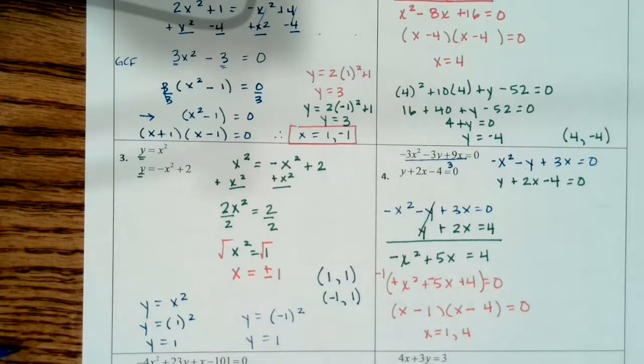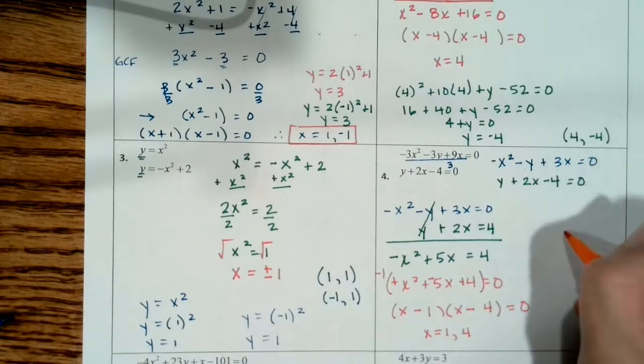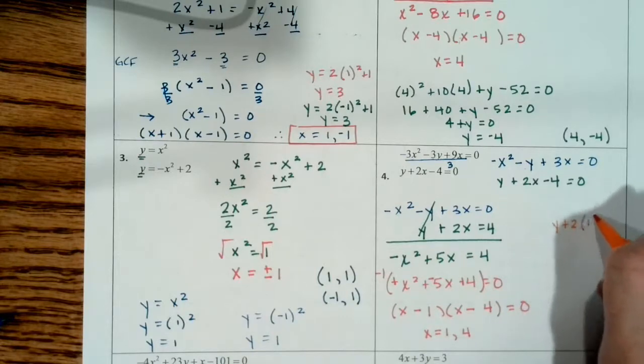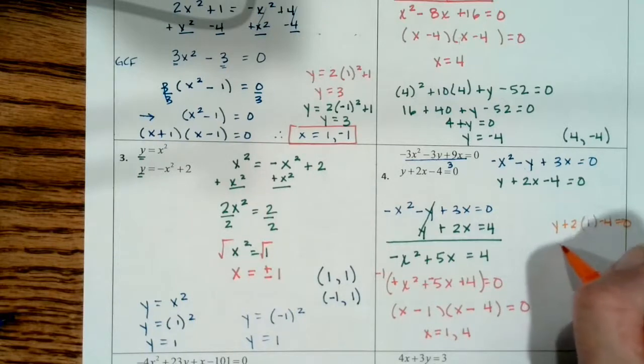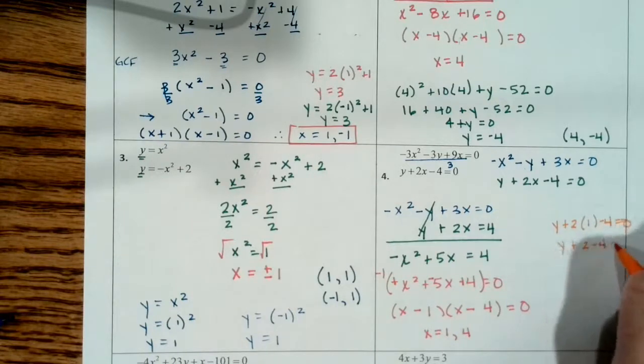When I go back to solve for y, I know that y plus 2 times x minus 4 is equal to 0. Y plus 2 minus 4 is equal to 0. So y is equal to 2.